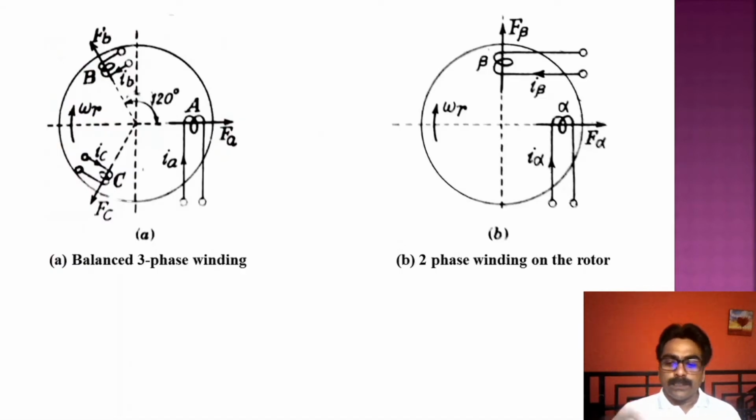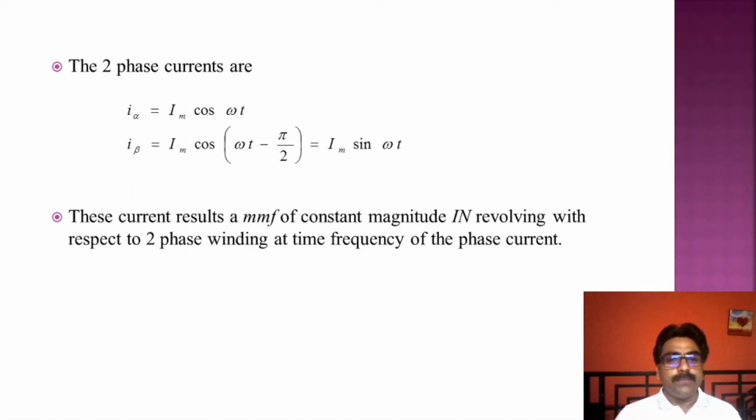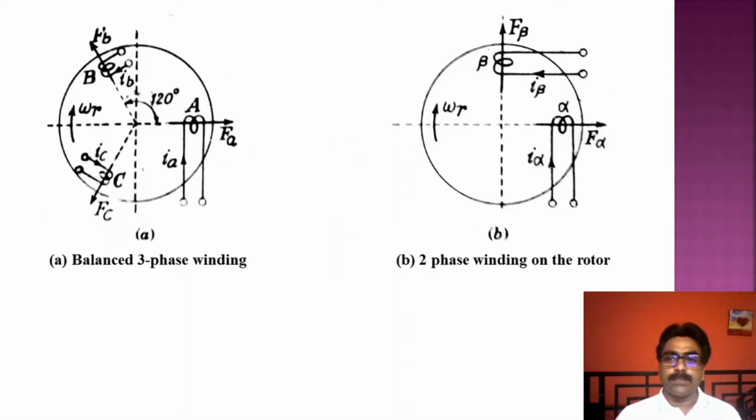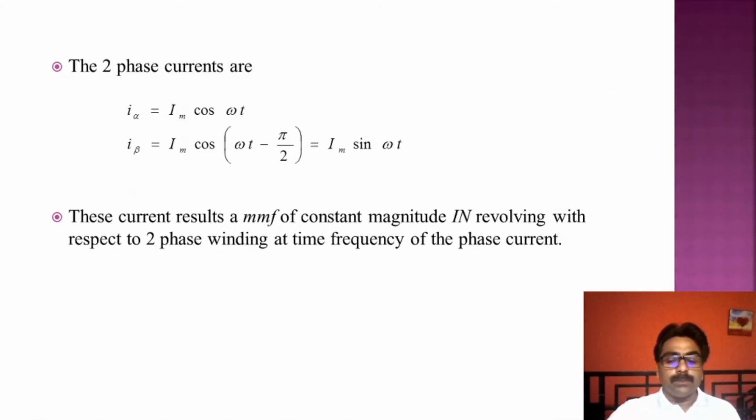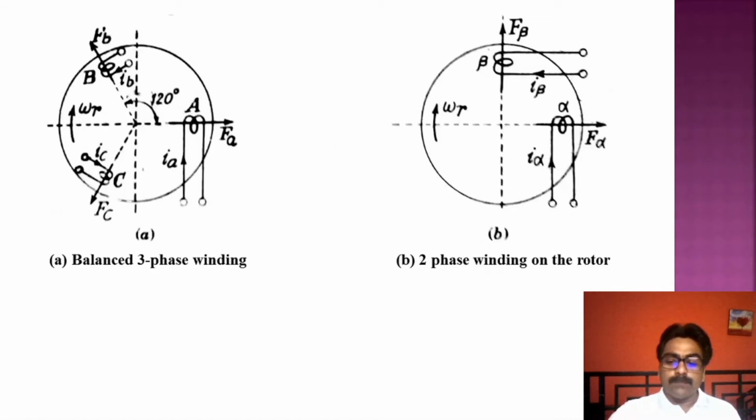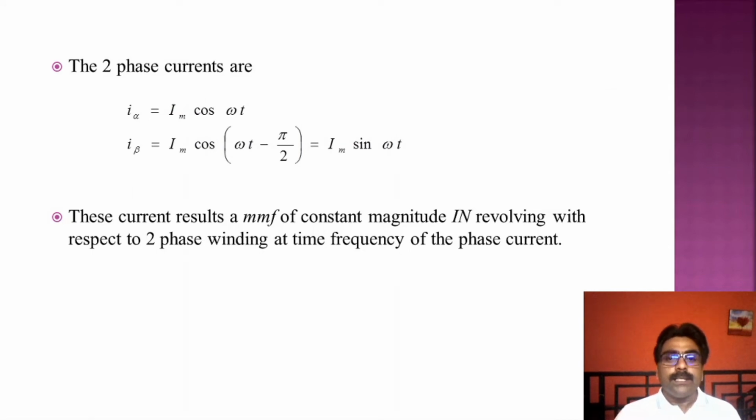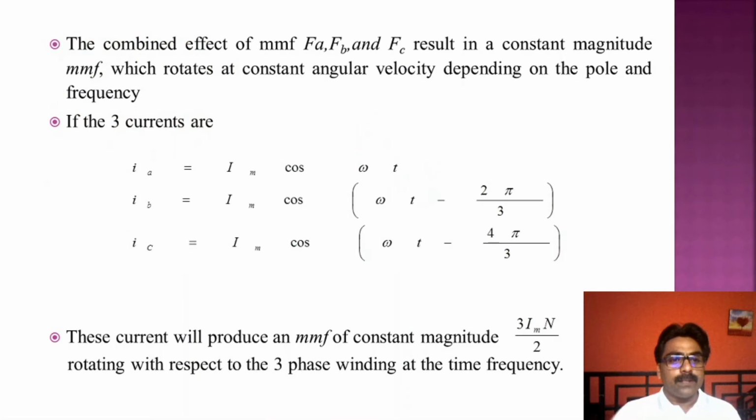Here two diagrams are taken into consideration, and this gives the phase currents I alpha and I beta. I alpha is Im cos omega t, with respect to the two phase winding diagram which we see here, and I beta is Im cos omega t minus 90, that is Im sin omega t. So now we have the equations for the three-phase winding currents IA, IB and IC.